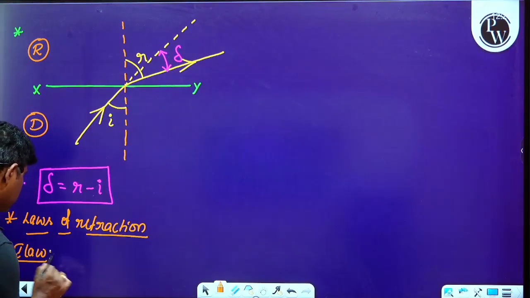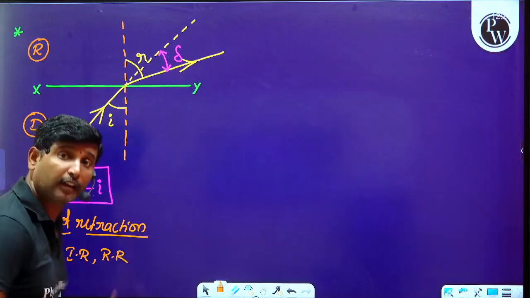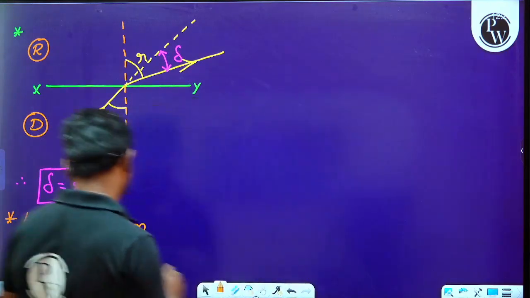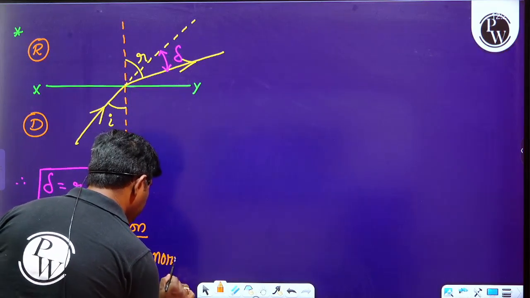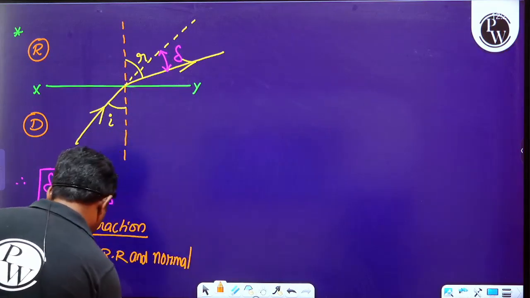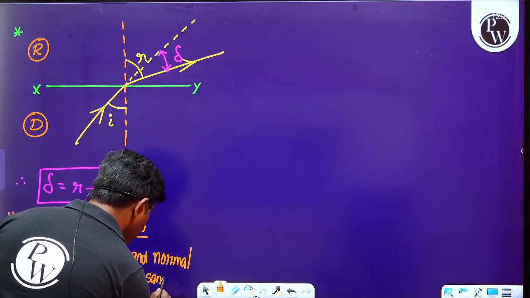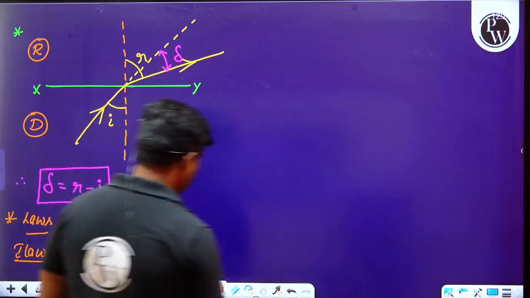The first law states that the incident ray, refracted ray, it is not reflected, it is a refracted ray, and the normal lie in the same plane, okay. So please make sure about these things here.